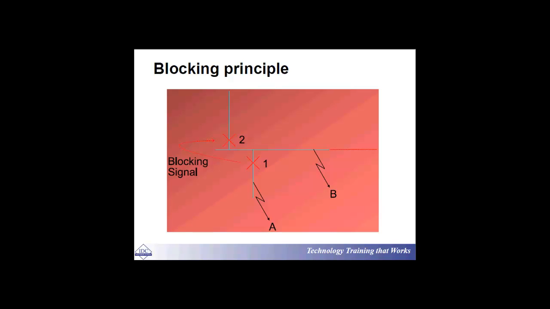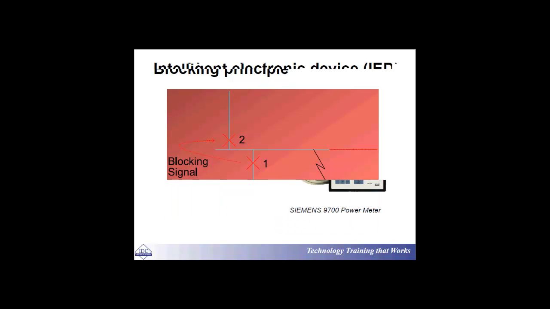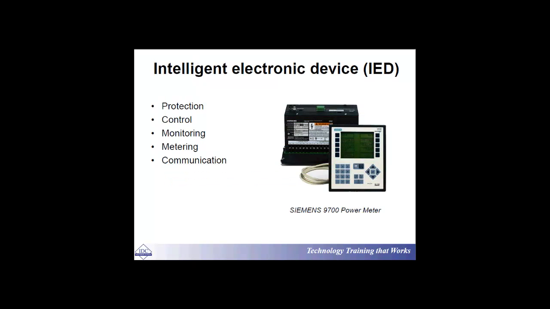Or quite the contrary, the relay may ask the other relay, for example at the other end, hey, this is not your fault, I'm just going to block you because it is out of your reach. It is not your responsibility to trip for that. So that is a blocking signal. So who's going to do all these things? That IED. That IED has got enough intelligence and power to put all these things into practice.